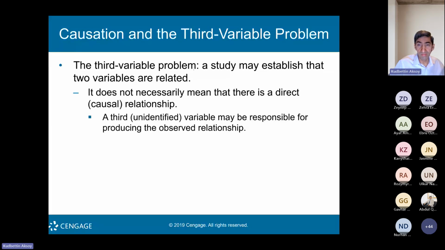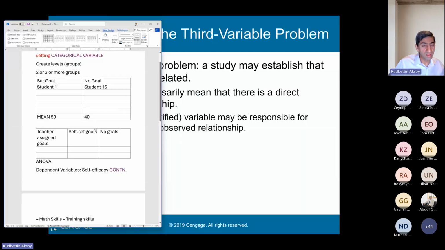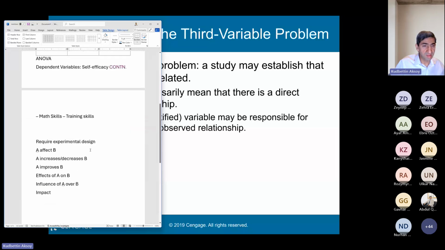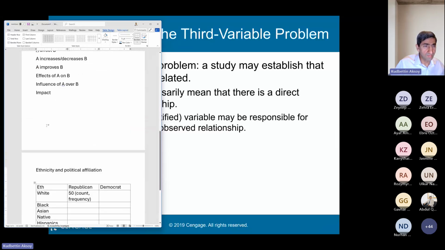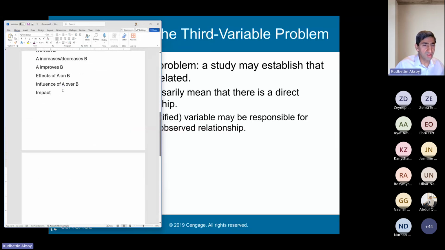So the third variable problem is that a study may establish that two variables are related, but it doesn't necessarily mean that there is a direct result. It could be a third variable that is responsible for this. The purpose of that slide is to warn you against making such a mistake.